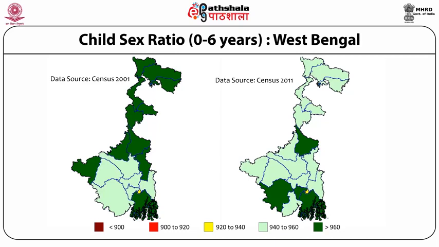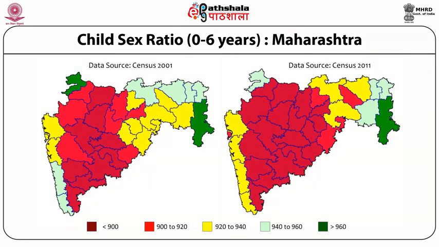By the standards of UP, 950 would look very good, but in a state like Bengal, 950 becomes the average. Now Maharashtra: if you look at 2001 itself, you see so much red and dark red. The developed areas of Maharashtra are the western areas, and what you are seeing is that even the backward areas of Maharashtra, like parts of Marathwada, have already had worse child sex ratios.